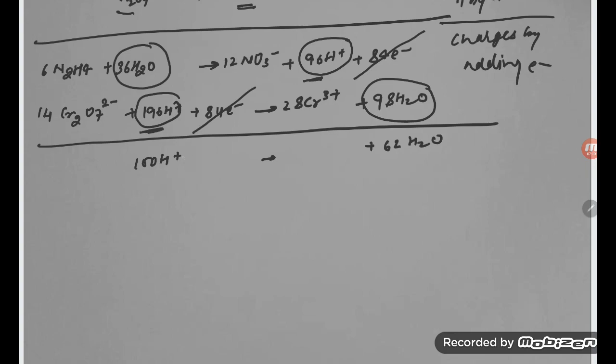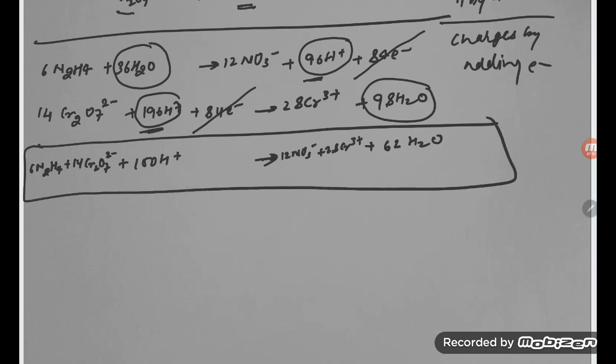Remaining things we need to write. So here is 6 N2H4. This is okay. Then we are having 14 Cr2O7 2 minus. So this side is equal, now go to the other side. So 12 NO3 minus, then 28 Cr3 plus. So this is now the balanced equation, but all the coefficients have a common factor: the whole equation can be divided by 2.